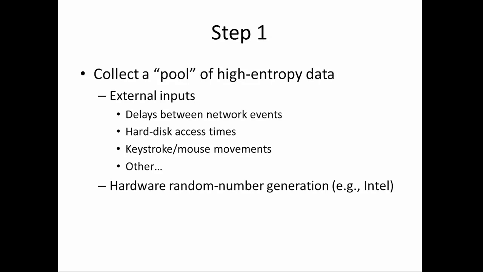In particular, keystroke dynamics, looking at the times between consecutive keystrokes by a user, do have some measure of unpredictability. I want to make clear here that the data collected from any of these events is not uniform.